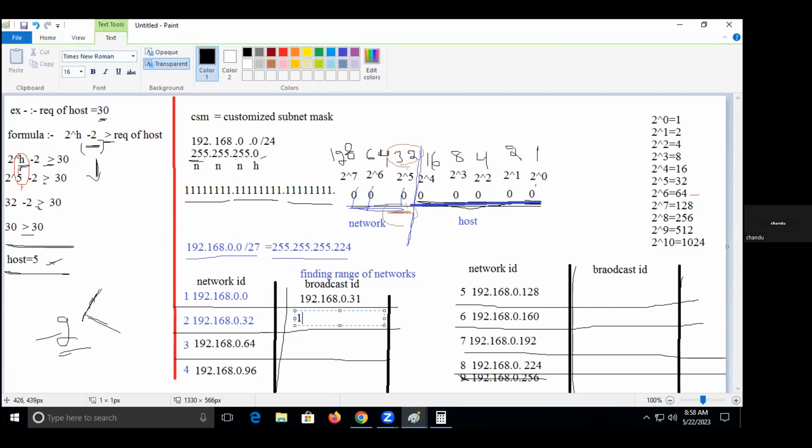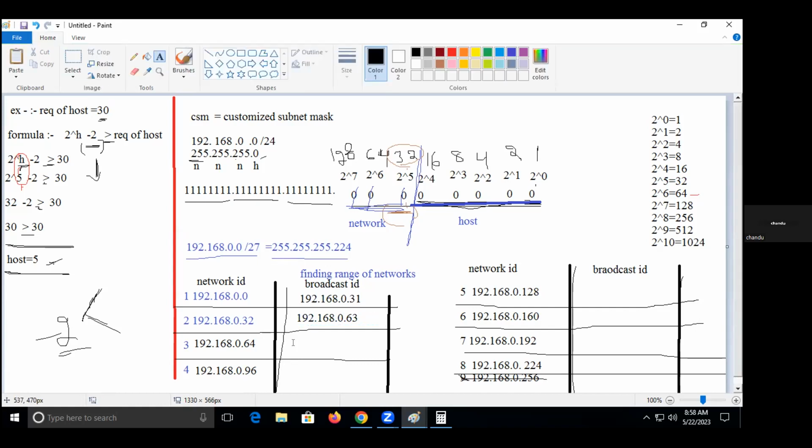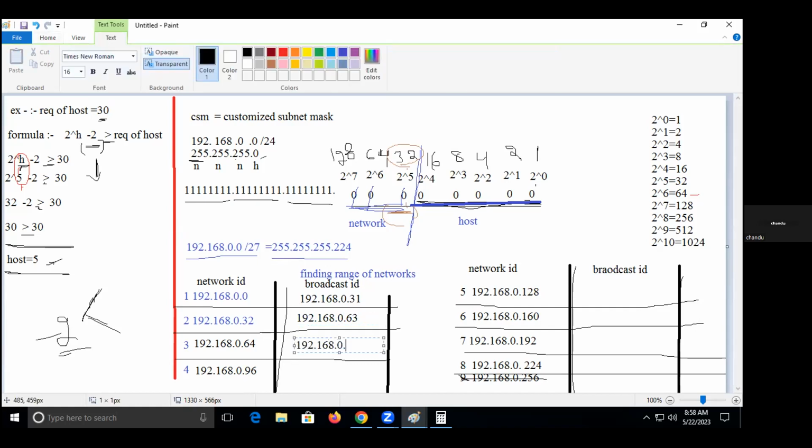Then next is 192.168.0.64, with 63 before it. Then 96 is the next network, so the last IP address will be 95. Next is 128, so 127. Next is 160, so 159. Then 192.168.0.191, and 224 next, so 223.